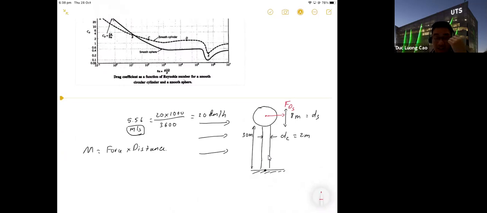And you have a cylinder, so you have FDC, the drag force applied to the cylinder. This distance I call LS, and this one is LC, the distance from the force to the ground.